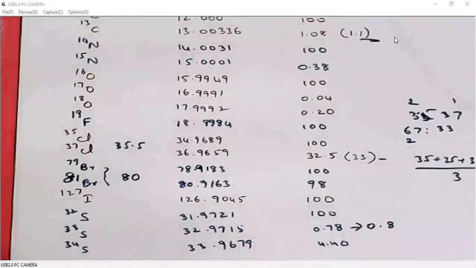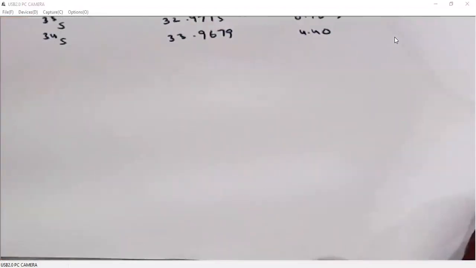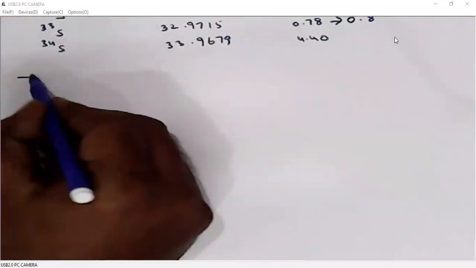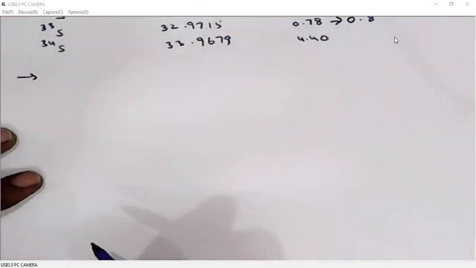Now, how do we utilize this isotopic ratio data to identify compounds from a mass spectrometer? We can identify the intensities of the M and M plus 1 peaks. I hope you all have gone through the material, so I'm not spending much time on it.